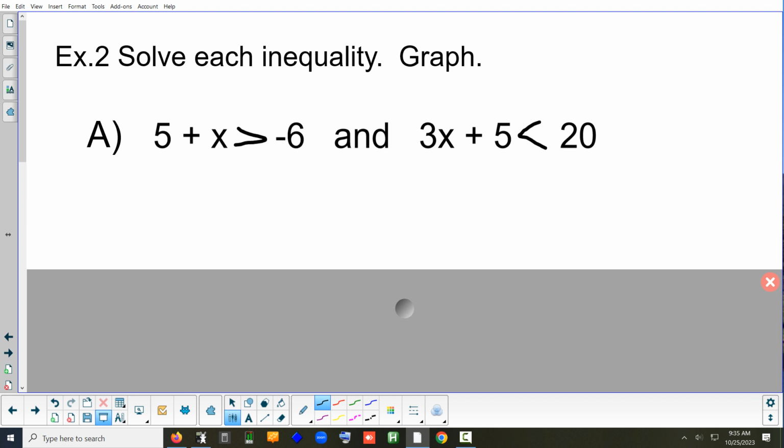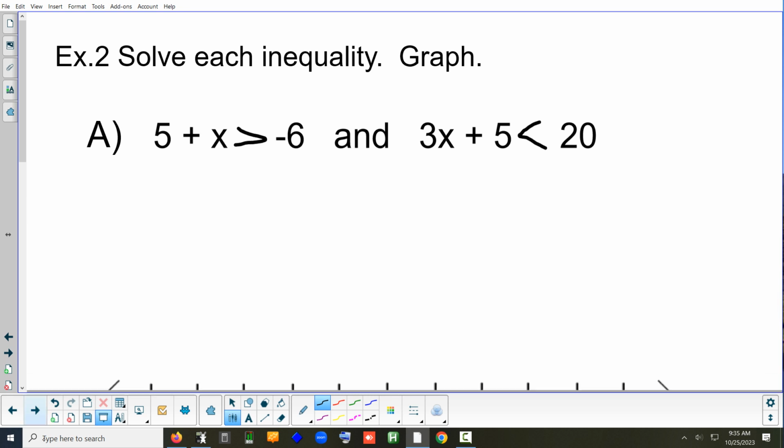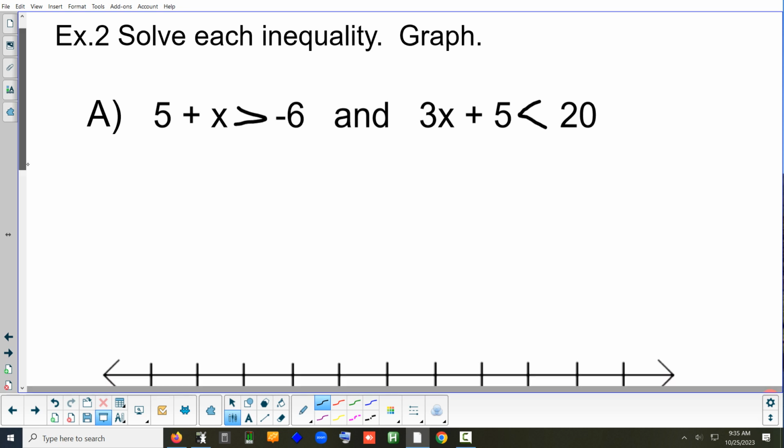try this one. Okay, I'll give you guys a couple minutes to try that. So it's another "and." So you have to solve each one separately and then graph it. All right, let's take a look at this one. The one on the left, we just have one step to get x by itself.